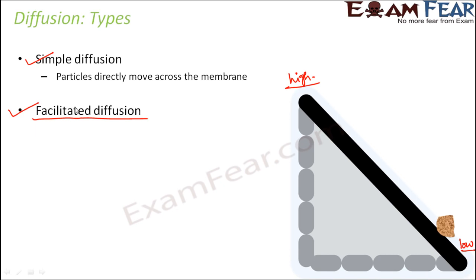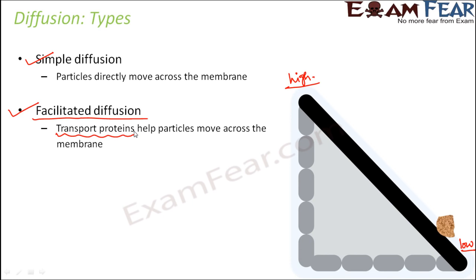Here the movement of the particles across the concentration gradient will not happen by itself. Transport proteins help particles to move across the membrane. These are special types of proteins which carry particles from a region of high concentration towards a region of low concentration. That is why these transport proteins are known as facilitators, and this type of diffusion is called facilitated diffusion.